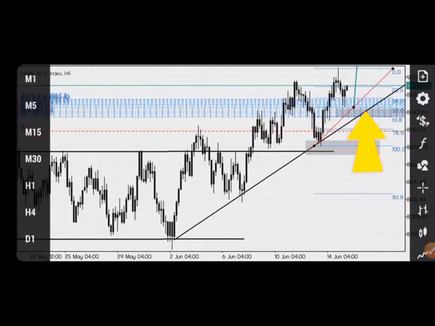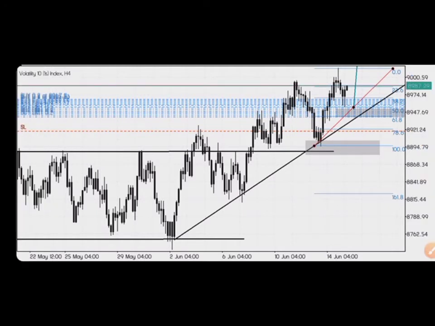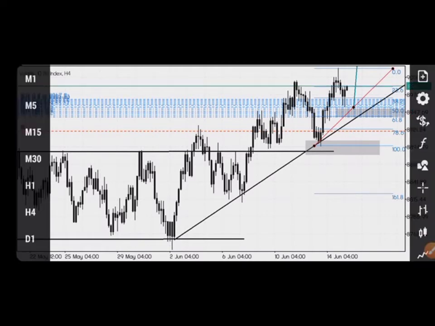So I had to wait for the price to come down to this spot and give me some movement, and believe me, the movement was massive. I was expecting it to drop down to the 61.8 level, but it did not drop. So I had to go in like this.